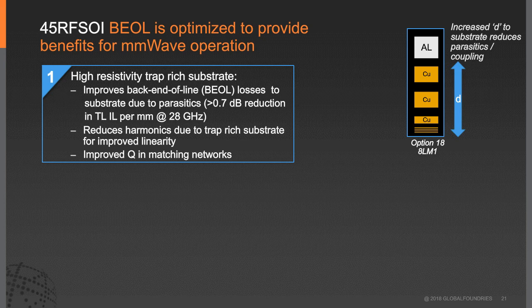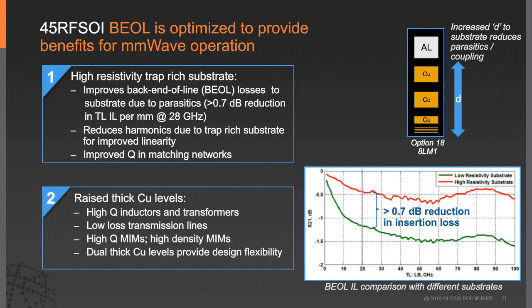In this graph, you see a 0.7 dB reduction in insertion loss for transmission lines using a high resistivity trap-rich substrate compared to a low resistivity substrate. That's one of the key benefits of 45 RF SOI: the high resistivity trap-rich substrate with improved back end of line losses to substrate due to parasitics.